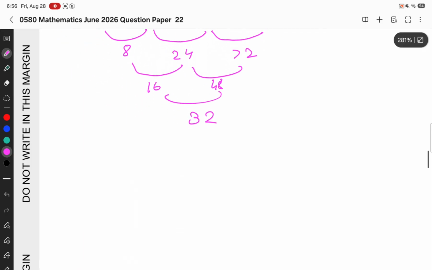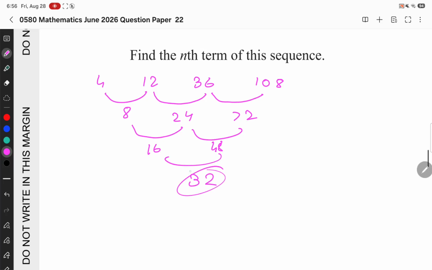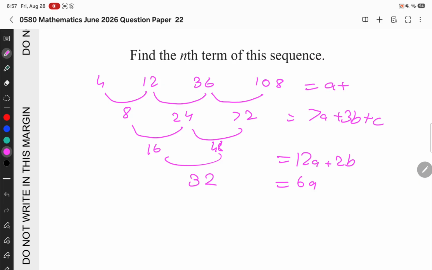We know the third difference is equal to 6a. The second difference is 12a plus 2b. The first difference is 7a plus 3b plus c, and the first term is a plus b plus c plus d.